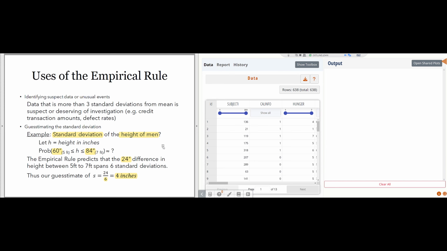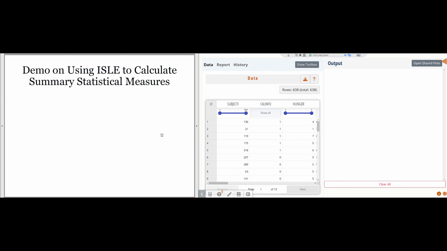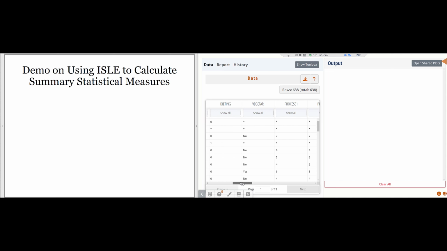Okay, so let's see whether this empirical rule, this notion for guessing what you think the standard deviation of some population is, let's see if this makes any sense. Let's try it for our fast food data.